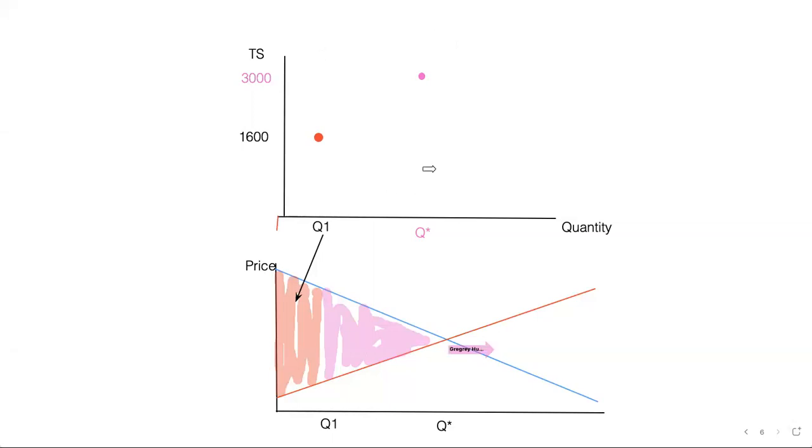So if, for example, let's say I go over here and I calculate total surplus at Q2, let me put Q2 there, and I'll put Q2 up here also, and move these things around a little bit.